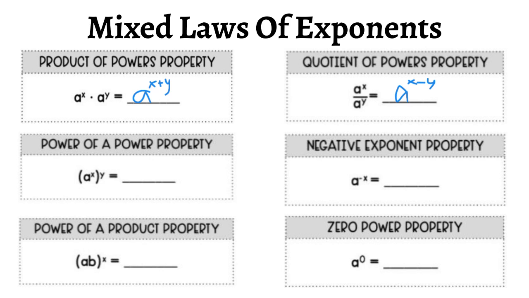Now, if you look here on the left side, whenever you have an exponent raised to another exponent, we call this the power of a power property. This is the power rule. I like to call this the distributive property of exponents, because we're going to be multiplying this exponent on the outside towards the inside, and we're going to have a to the x times y.